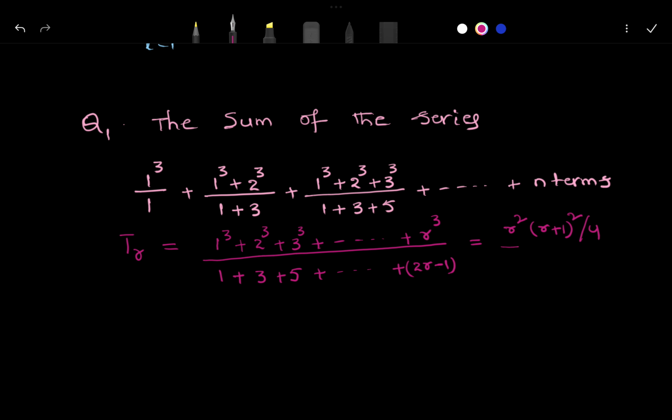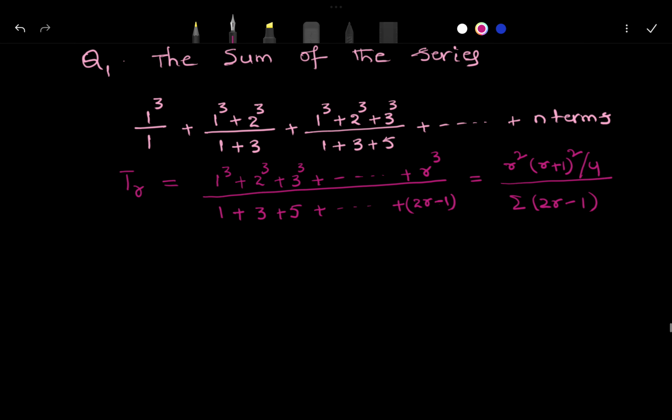For the numerator the direct formula is there, but for the denominator you can't write the direct formula. In that case, the very simple thing is to apply the sigma notation to the last term, so this is sigma 2r minus 1. Now simplify the denominator value.